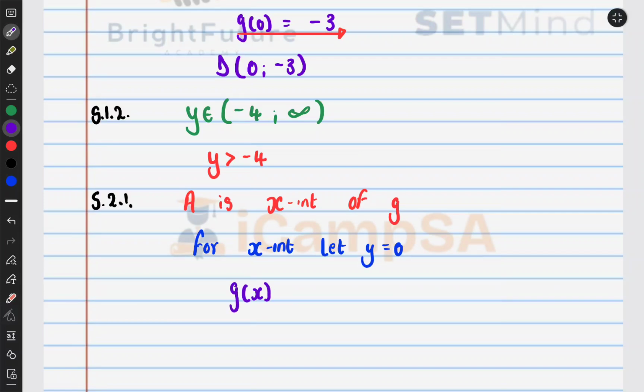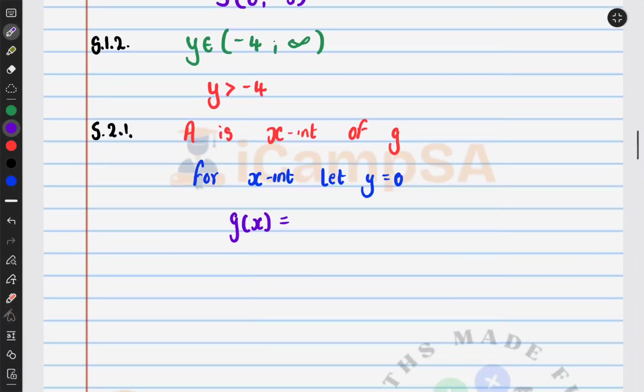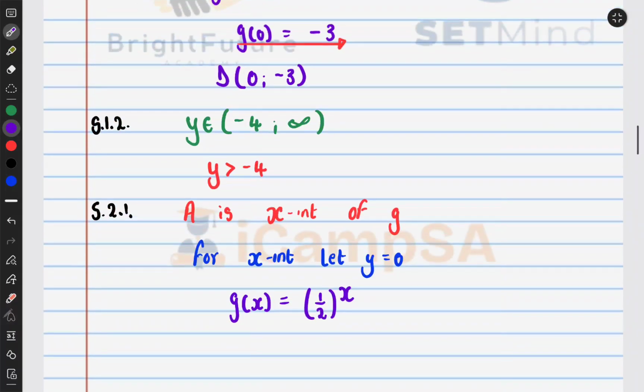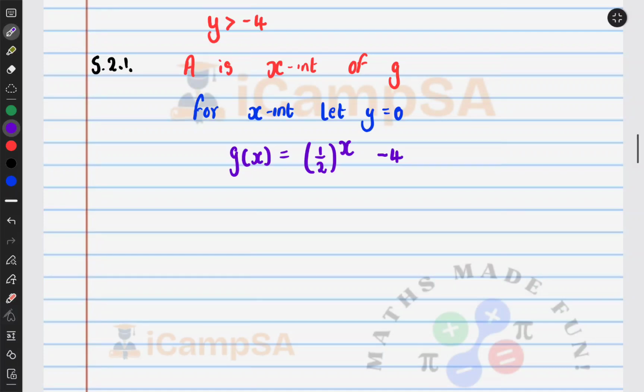So what is the equation for g? g(x) = (1/2)^x − 4, and we let y equal 0, so 0 = (1/2)^x − 4. We take the minus 4 to the other side, so we have a positive 4 equal to (1/2)^x.